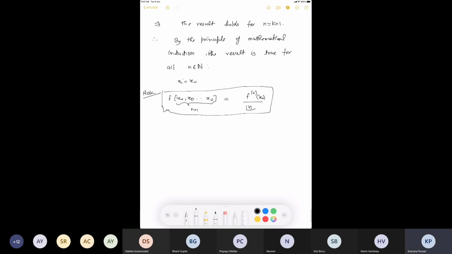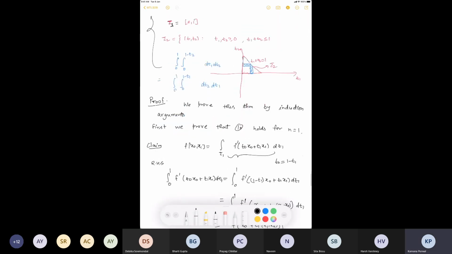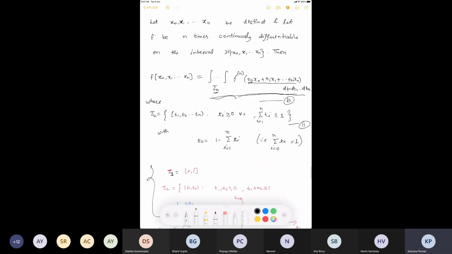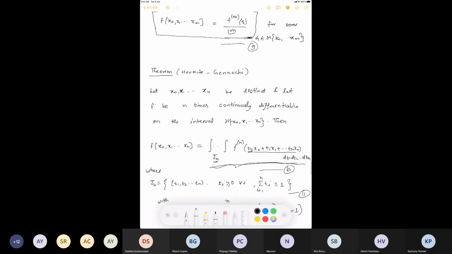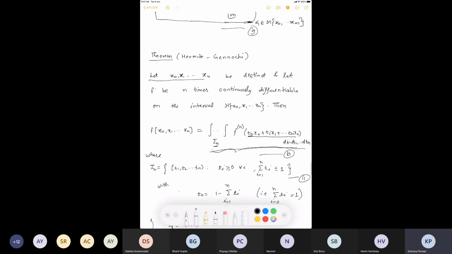Here, while deriving this formula, of course, I took the assumption that the xi's are distinct.